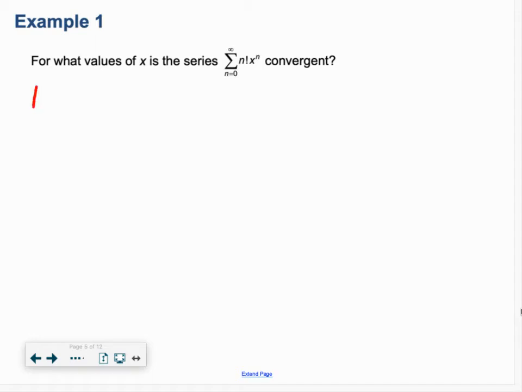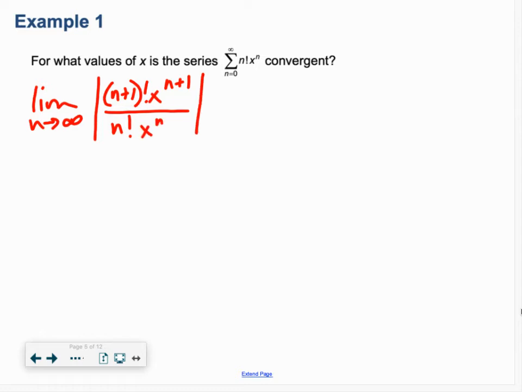So let's go ahead and do our limit as n approaches infinity of the n plus 1th term over the nth term. All right, so n plus 1 factorial is the same as n plus 1 times n factorial.